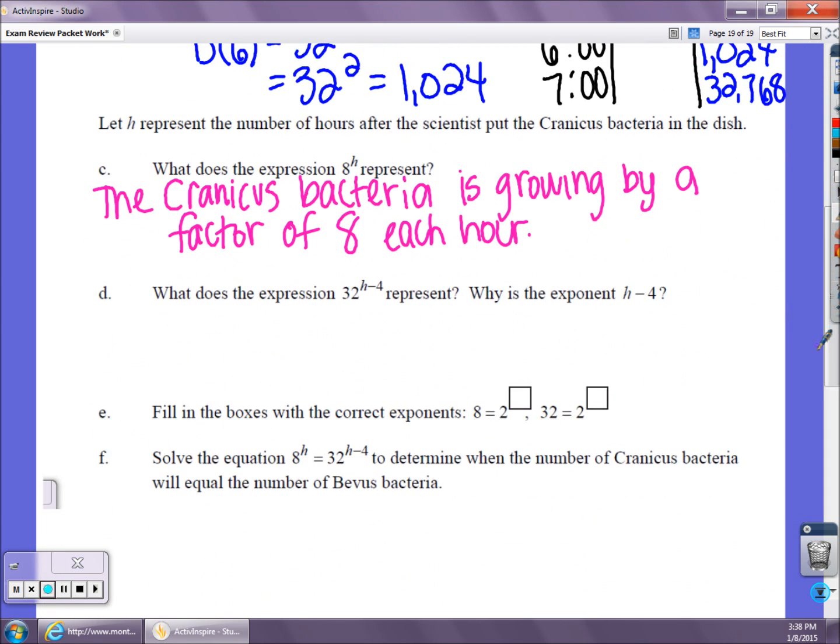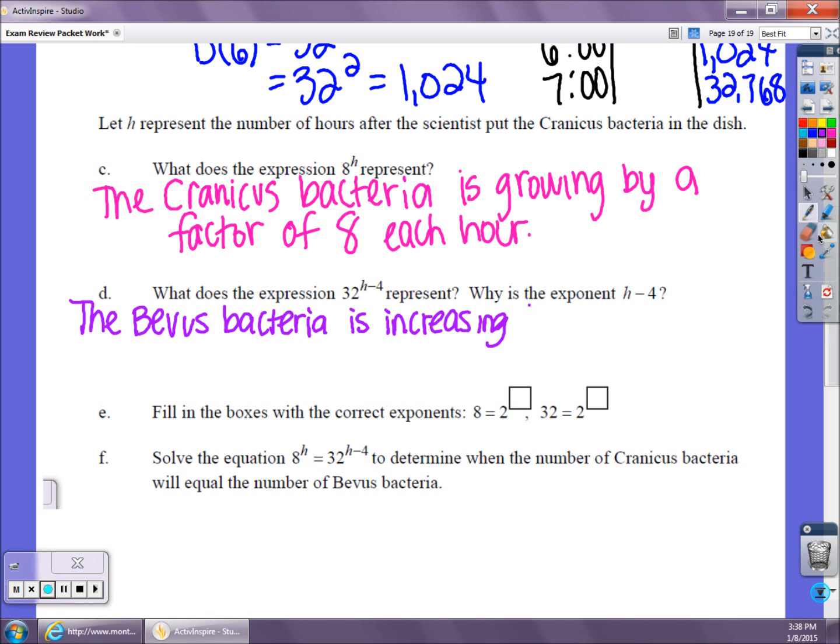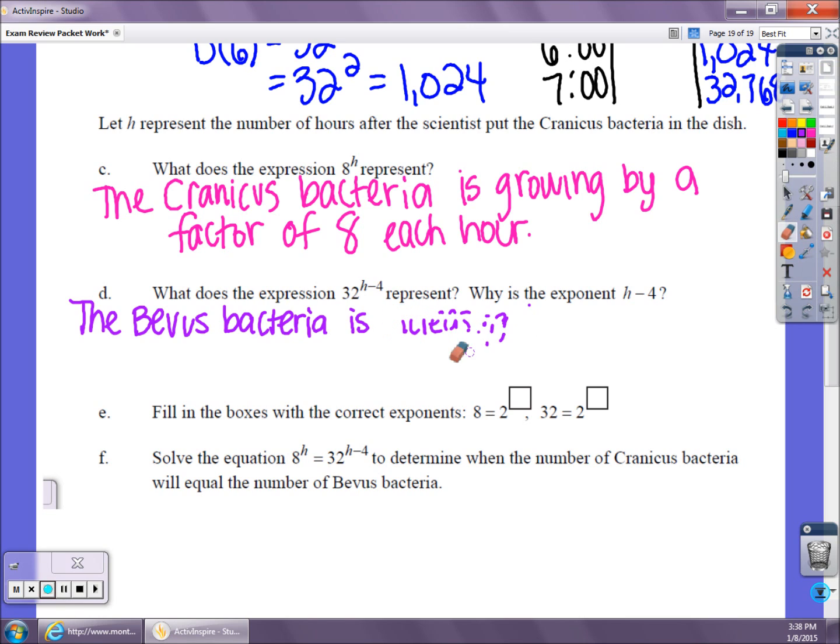And so that's going to be representative of the fact that the Bevis bacteria is increasing or growing. Let me use the same word as I did in the last one.